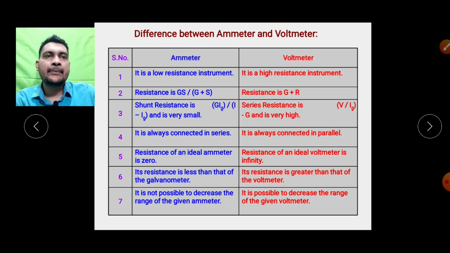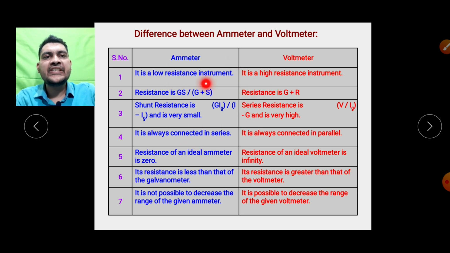Now the difference between voltmeter and ammeter. An ammeter is a very low resistance device connected in series. A voltmeter is a very high resistance device connected in parallel. The resistance of a galvanometer used as an ammeter is equal to GS divided by G plus S. Actually it is the effective resistance. Actually you had G and connected S in parallel.